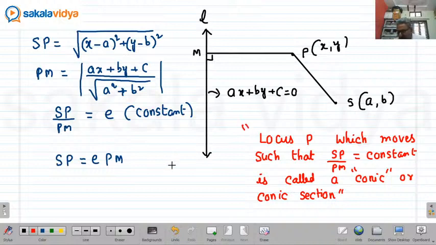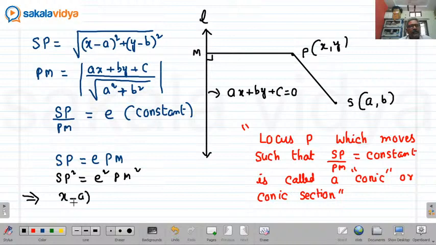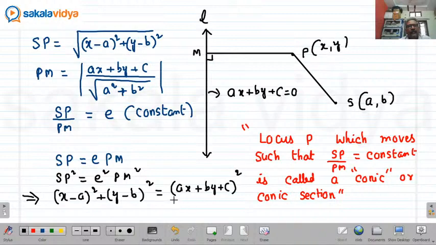Understood now? So now the equation of the conic we can also find with the help of this. Squaring on both sides, you get SP square equals E square times PM square. So substitute the values, you get (x minus A) whole square plus (y minus B) whole square equals E square times (AX plus BY plus C) whole square upon A square plus B square.